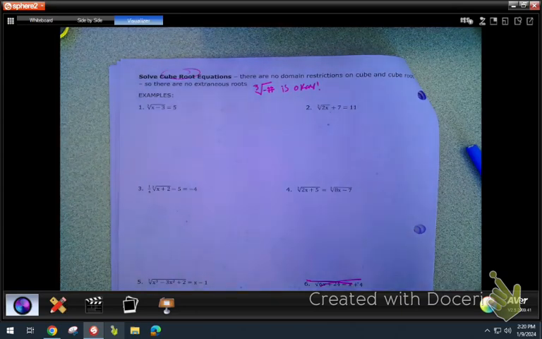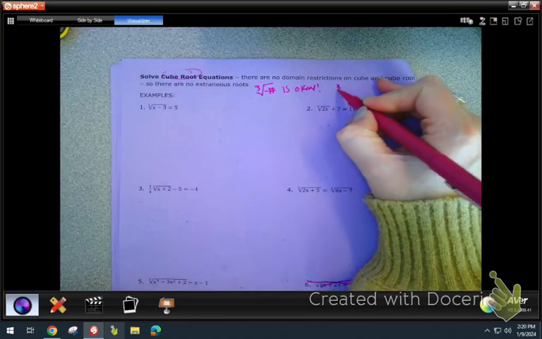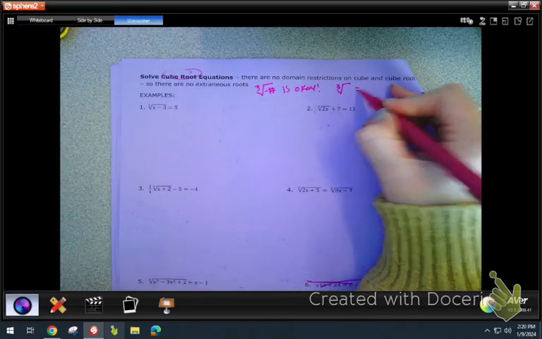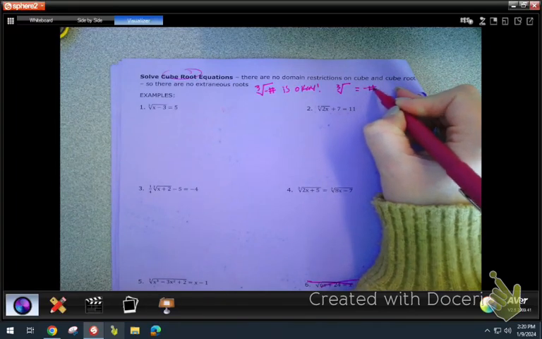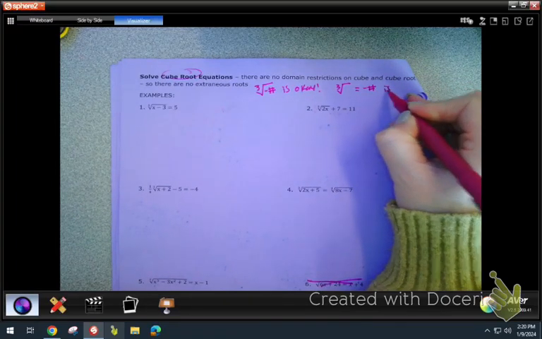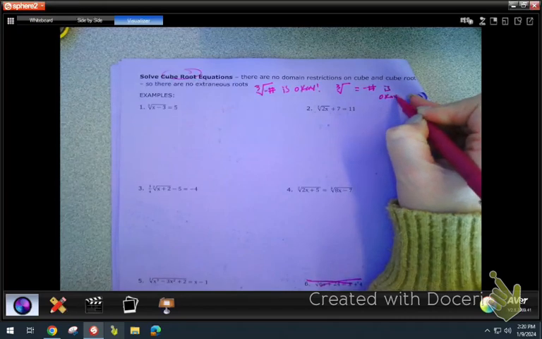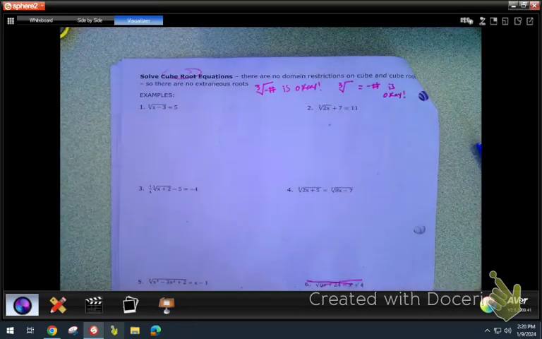Also, it is okay to have a cube root of something equal to a negative number. So if you isolate, or go back and check, and you have the cube root of something equals negative, that's okay because it's odd and that's possible.